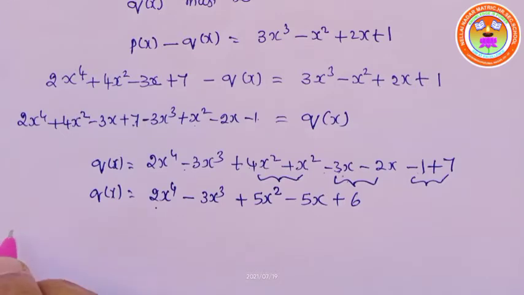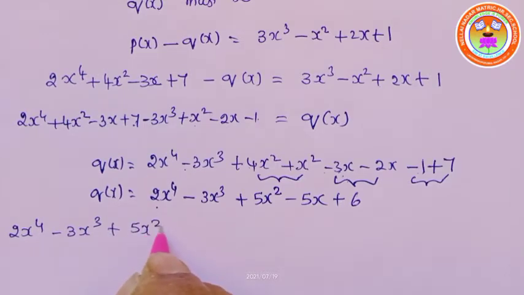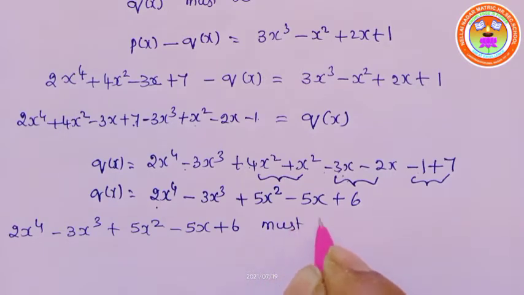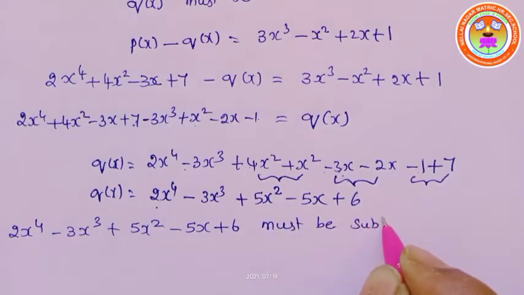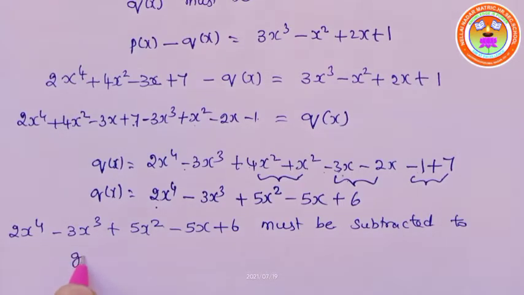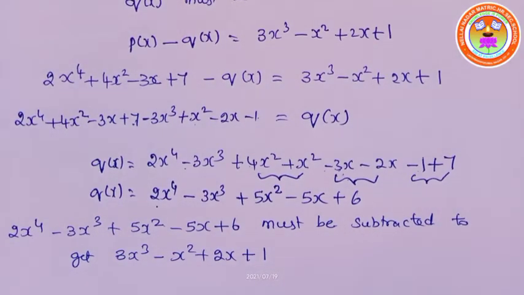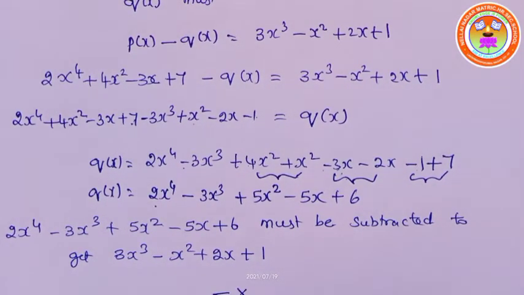So you have to write the result, children. 2x power 4 minus 3x cube plus 5x squared minus 5x plus 6 must be subtracted to get 3x cube minus x squared plus 2x plus 1. It's clear, students? This is very, very important. By this we are completing question number 8.